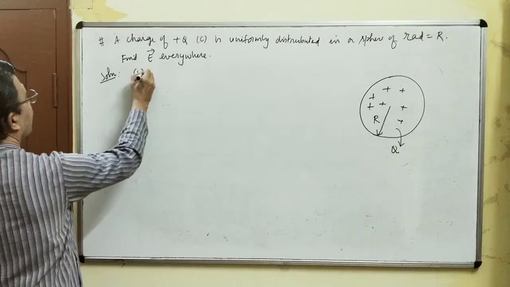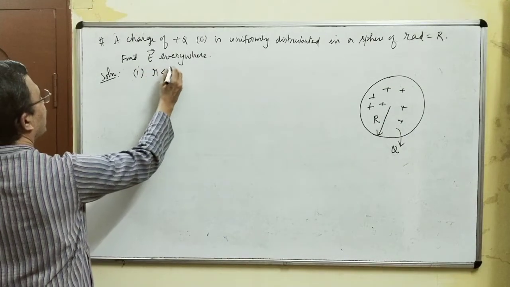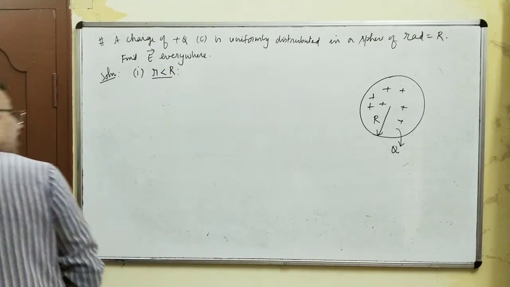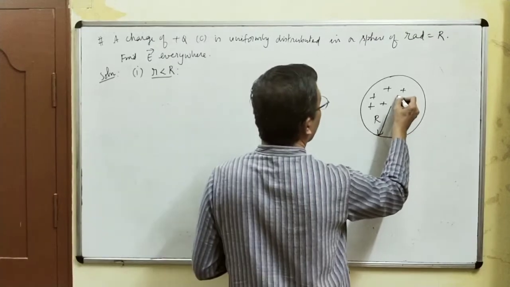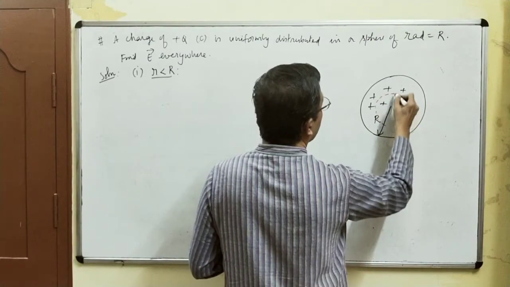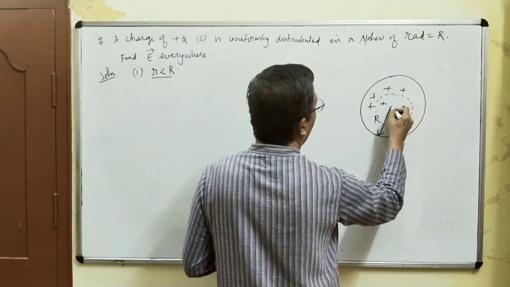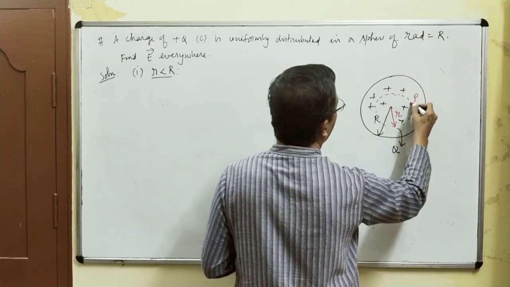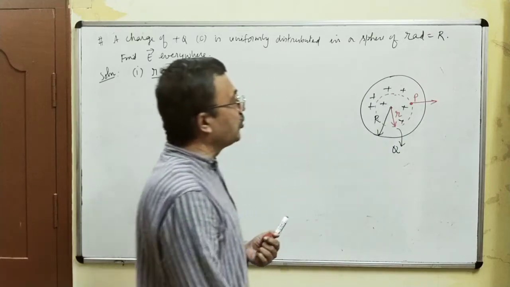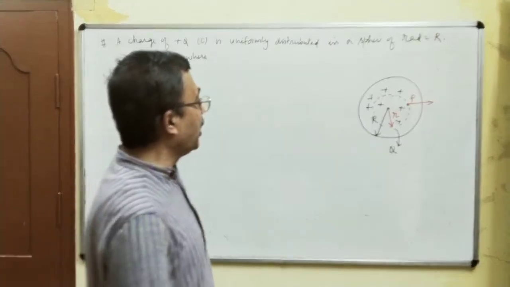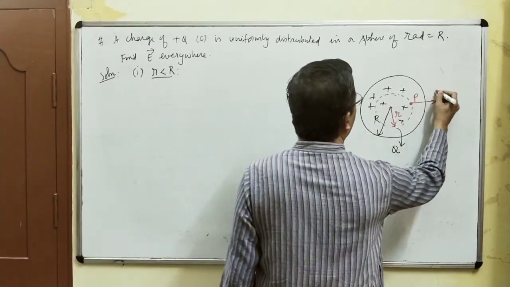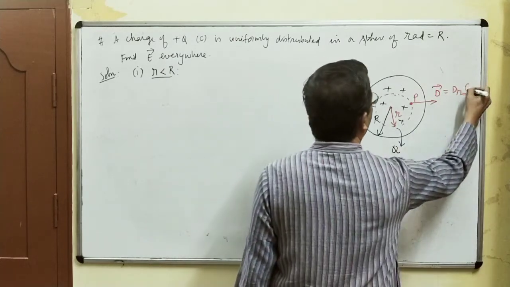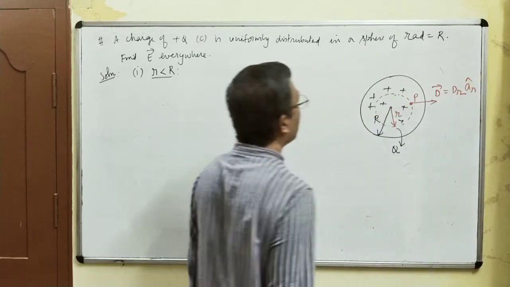Case 1, r less than capital R. I will consider a Gaussian surface of radius equal to r. This is the point of interest P. If you keep 1 coulomb charge at that point, it will be repelled in the radial direction. Therefore, vector D is outward in the radial direction, given by vector D equal to D_r into a_r.